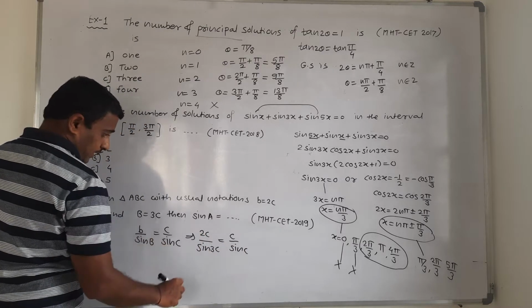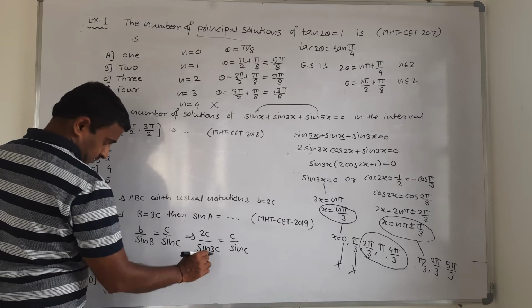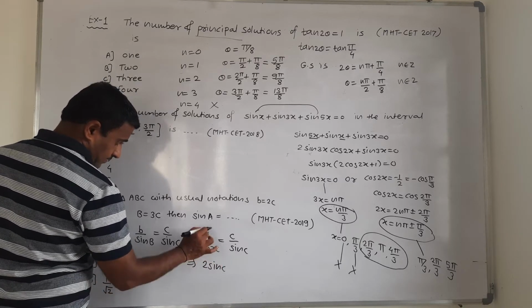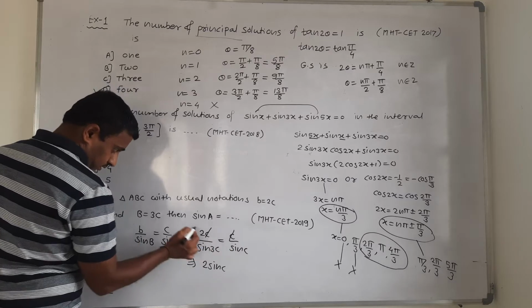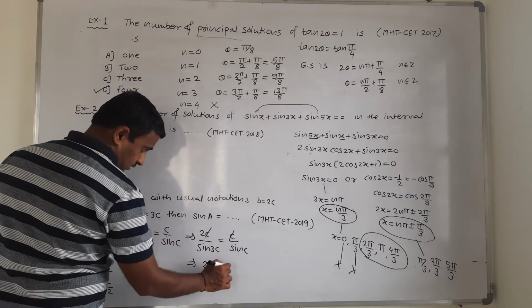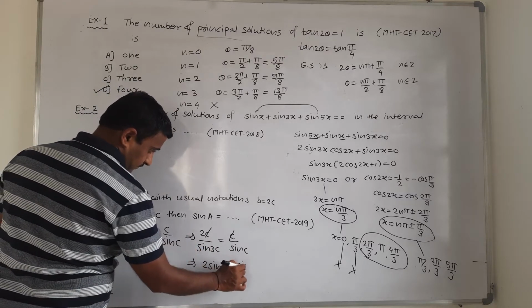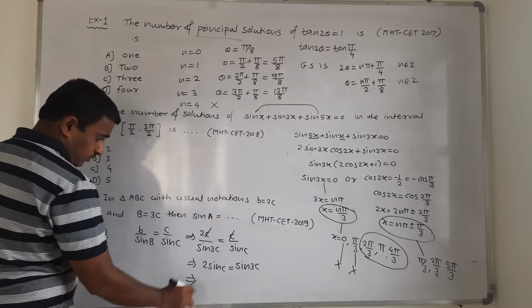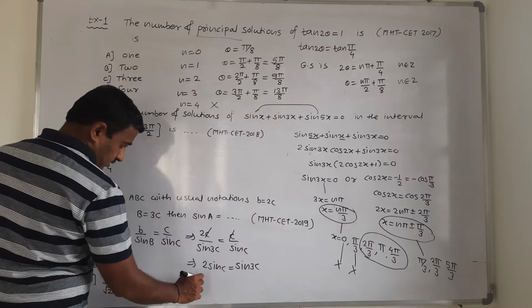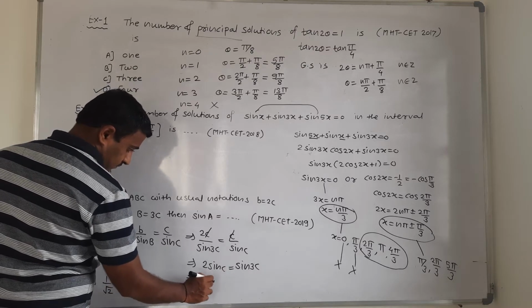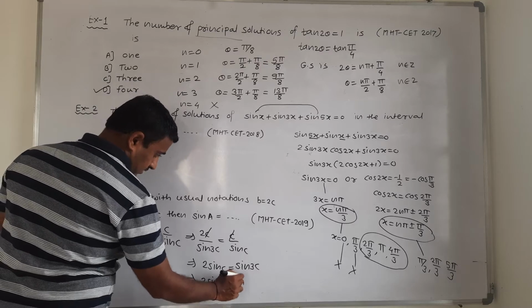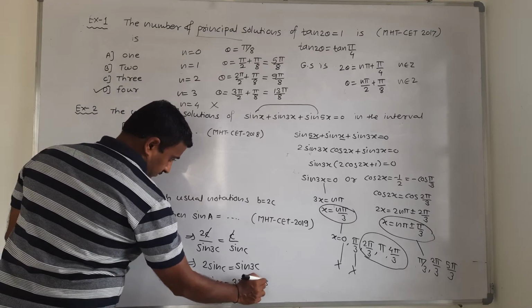Now this implies 2 sin C is equal to sin 3C. Sin 3C is equal to 2 sin C, and sin 3C is 3 sin C minus 4 sin cube C.